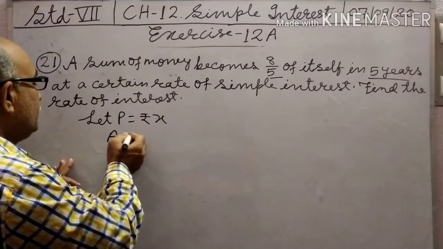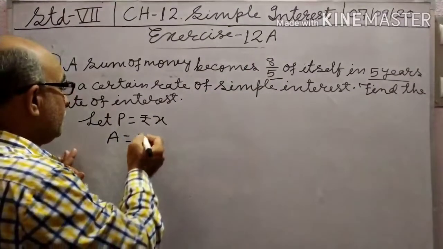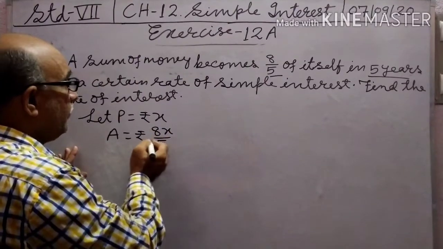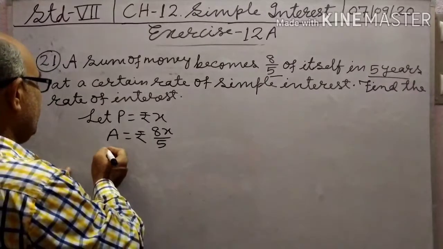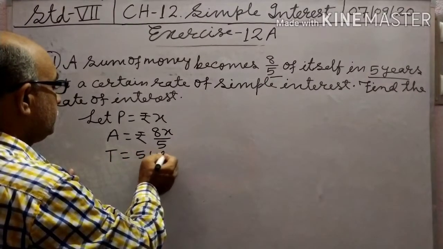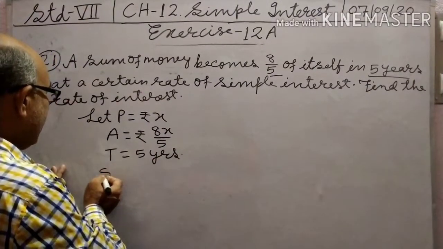So A equal to, according to the question, 8 by 5 of itself. So that means rupees 8x by 5. And in 5 years, so T equal to 5 years. Now find SI.